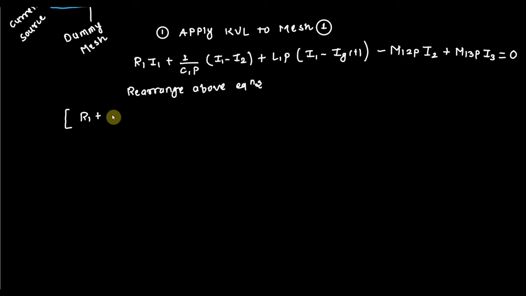It is R1 plus 1 upon C1P plus L1P, there is no other term, into I1, plus the next term, of I2, which is minus 1 upon C1P, and there is another term, minus M12P, into I2.